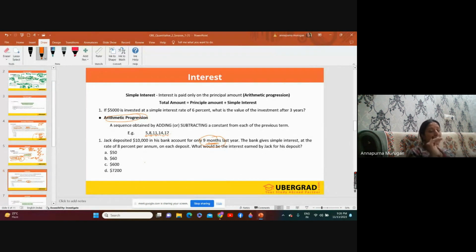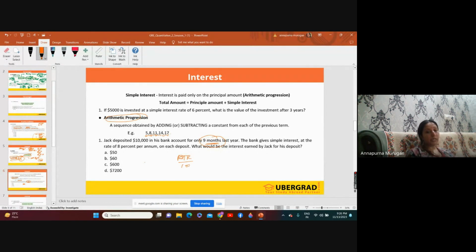See, Jack deposited 10,000 in his account for only 9 months last year. The bank gives simple interest at this rate on each deposit. What would be the interest? So 9 months is there. Please don't write it directly as PTR by 100.